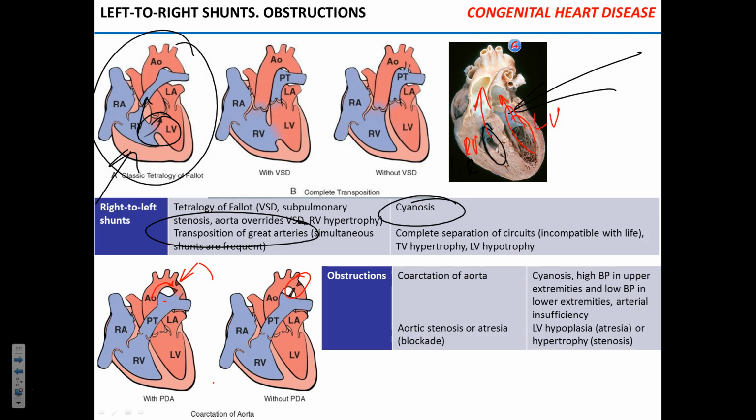The amount of blood, it will be hard to push. Okay? So the amount of blood that will reach the thoracic and then abdominal aorta and then ultimately iliac arteries and lower limbs will go down.